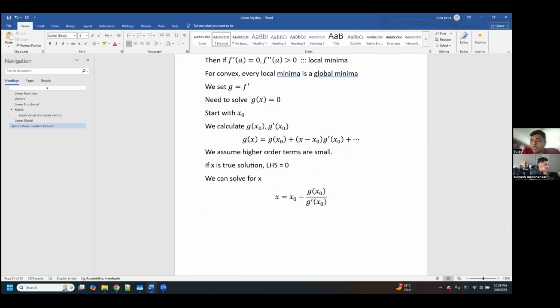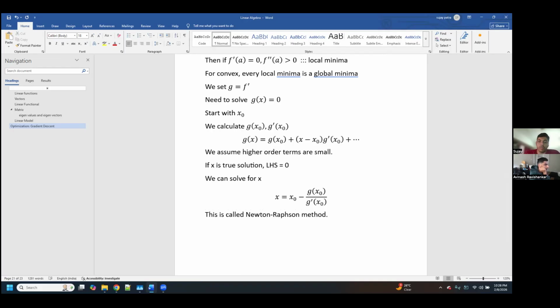So this is called Newton-Raphson. And this is basically a very standard method of solving equations in one dimension.